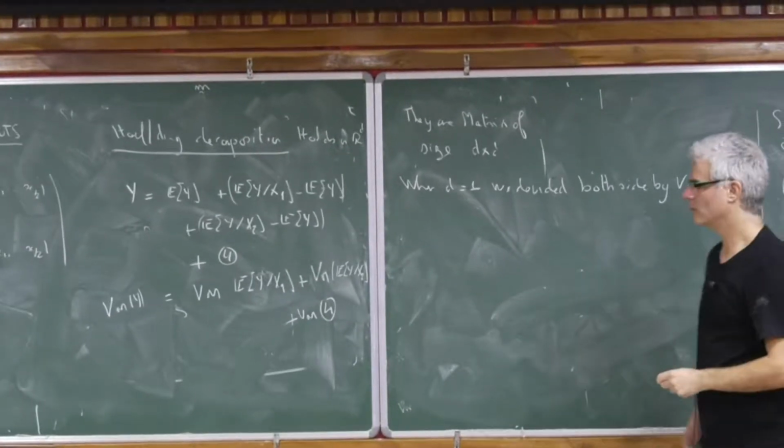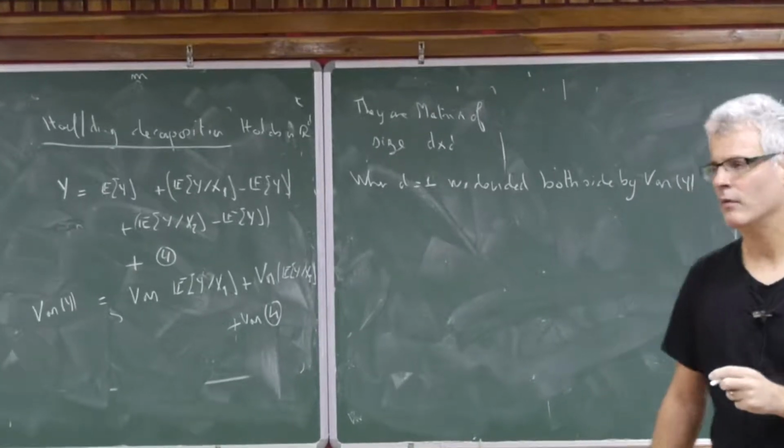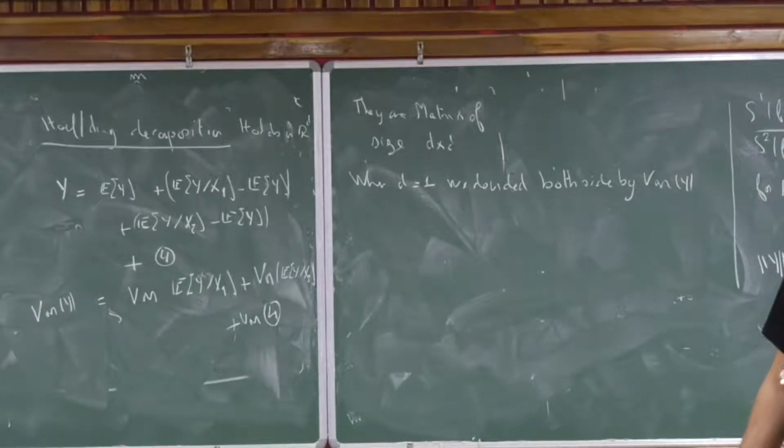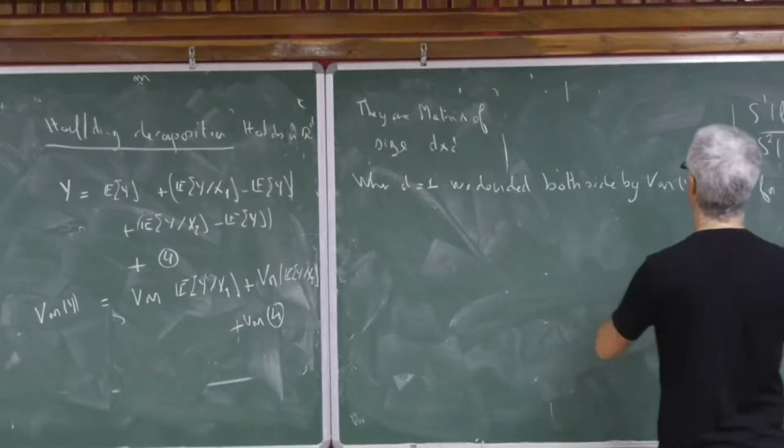So remember that when d was equal to 1, what we did was divide both sides by the variance of y.